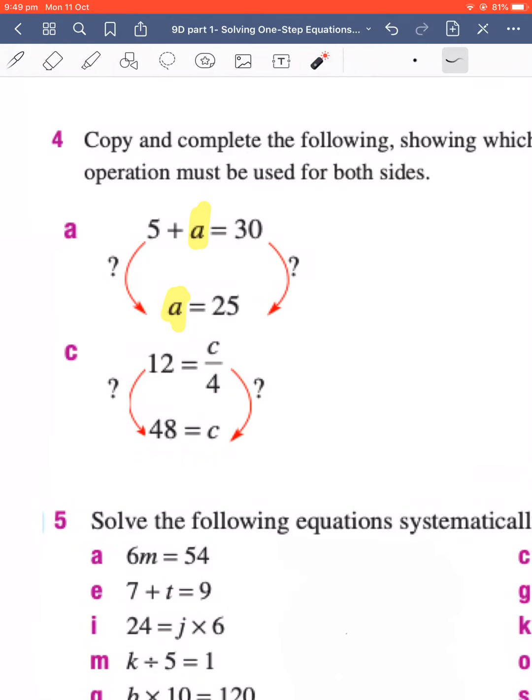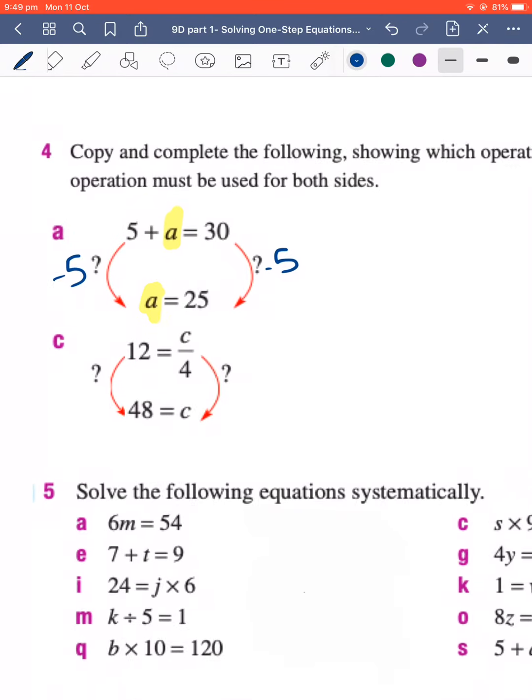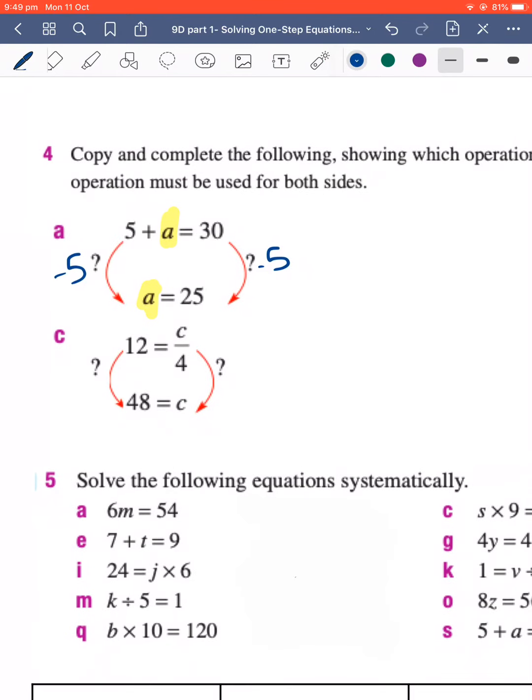So let's have a look. If I've gone from 5 plus a to a, how do I get rid of this 5? So if it's plus 5, I have to then minus 5. So let's write that in. And what I do to one side, I do to the other side. And I'm just going to do a little check over here. So if I use a different color, 5 plus a equals 30.